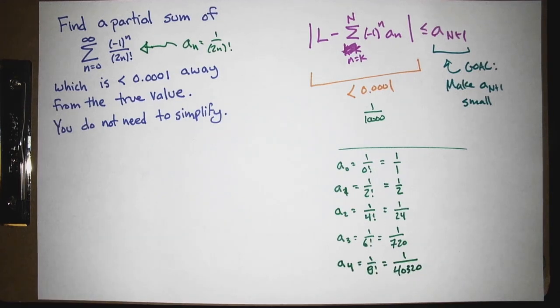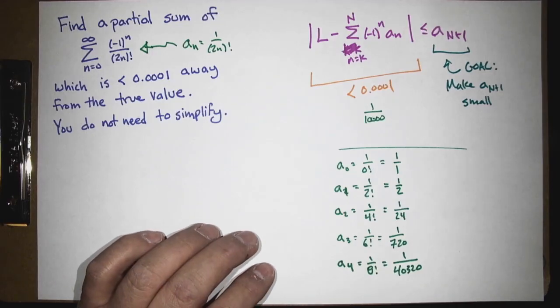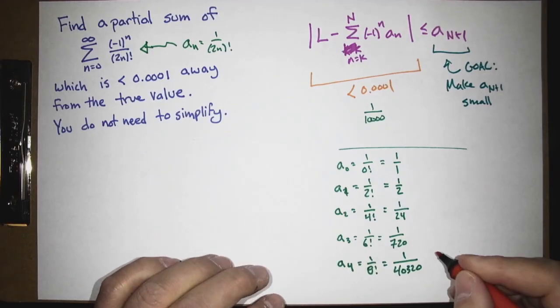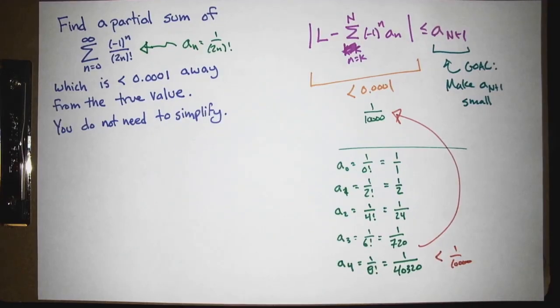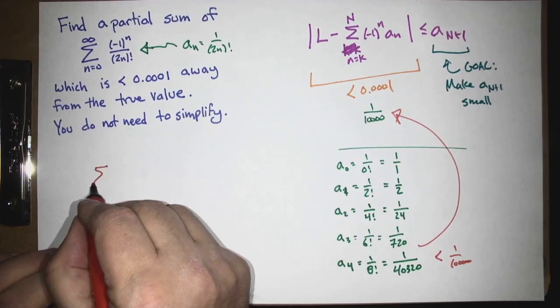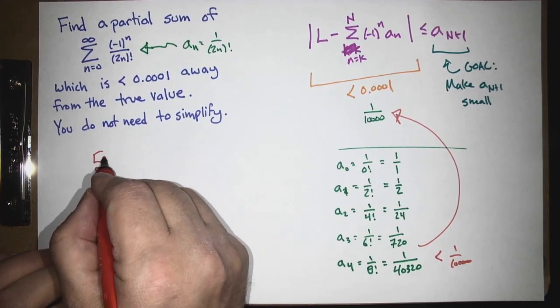You know, because once you get old, you start memorizing factorials. So that's 8 factorial. Is that good? Yes. Because 1 over 40,320 is below 1 over 10,000. That means our error is going to be small if we stop where? How far does my sum need to go? I need to go from 0 up to what number?